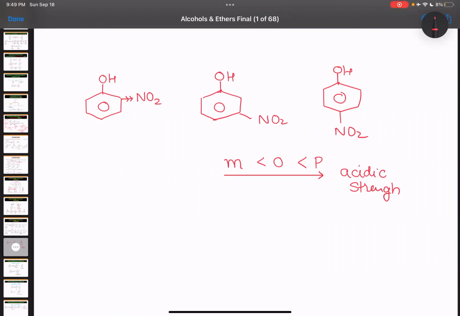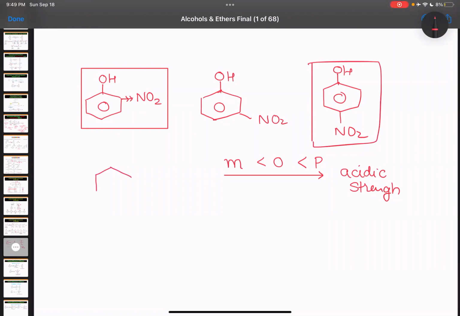Actually, what happens here is there is one more thing. This orthonitrophenol, the OH finds itself locked in intramolecular hydrogen bonding. Are you getting what I'm trying to say? Yes, sir. So actually, it is locked.